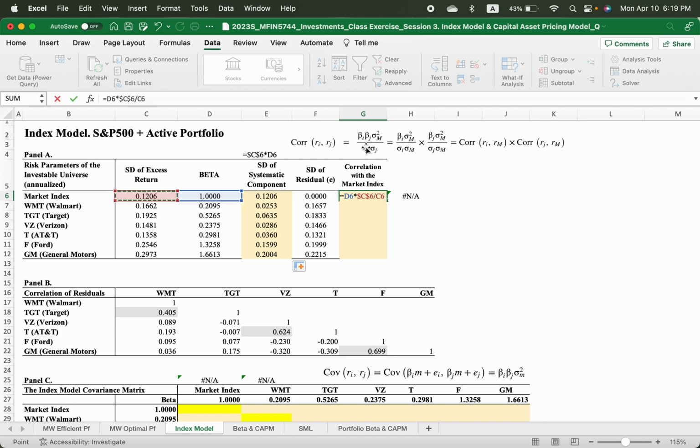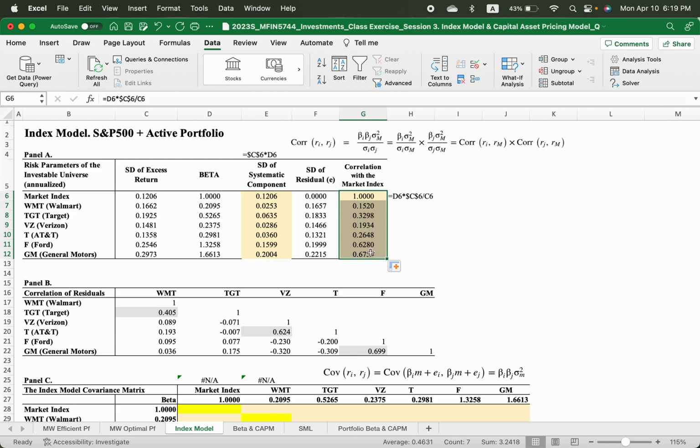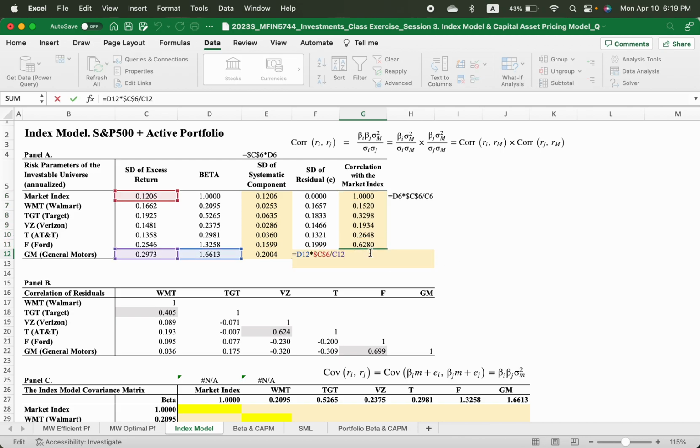We only have one standard deviation of the securities here, so when we drag it down, we have all the correlations with the market index. This D12 is the beta of the individual stock times the standard deviation of the market, fixed, divided by the standard deviation of the individual stock. So we got this.